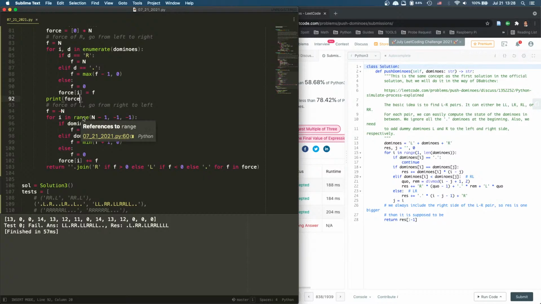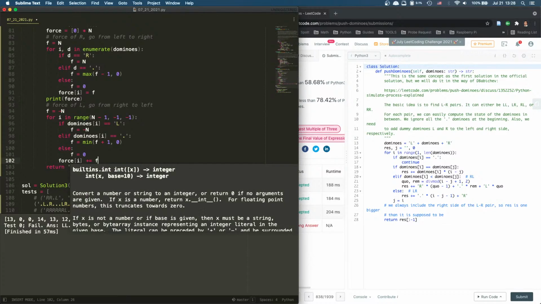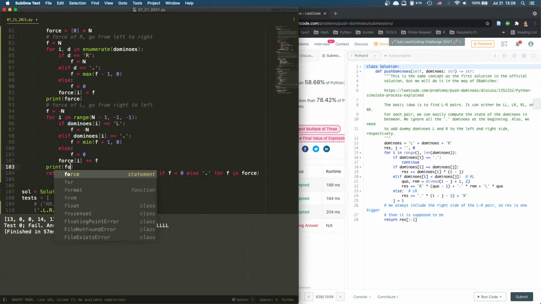And the beginning goes 14, 13, 12, 11, 0. 14, 13, 12, 0, 0, 0. Huh. I have negative. And force as well.